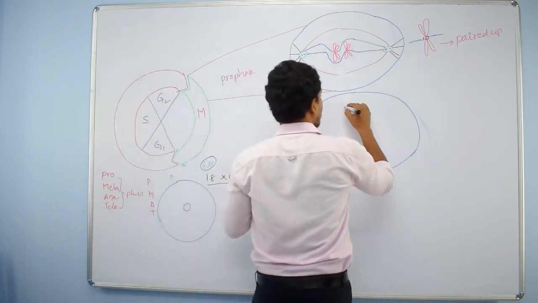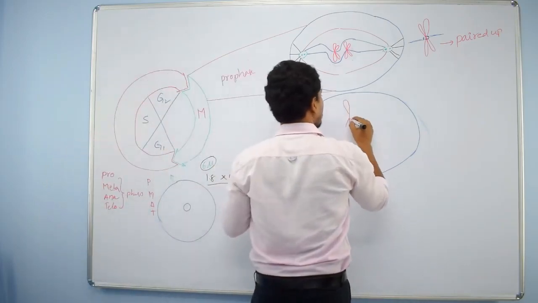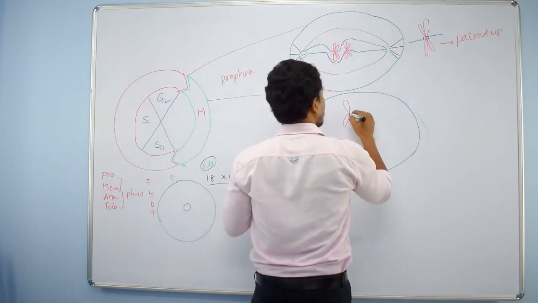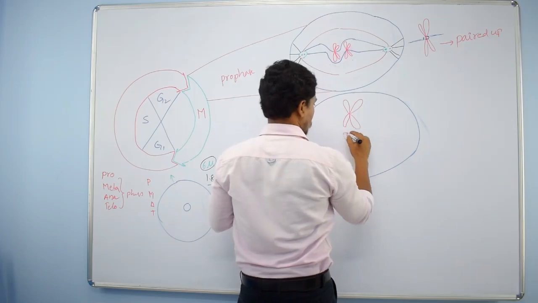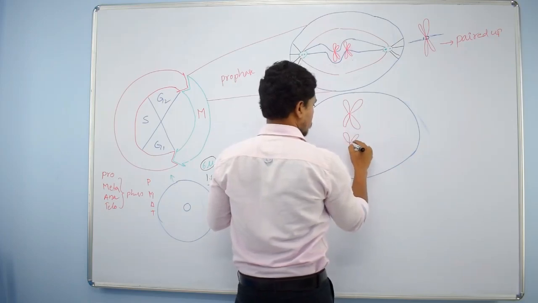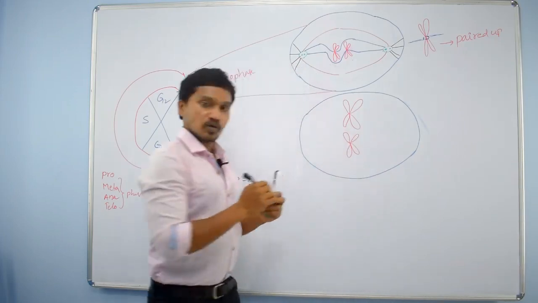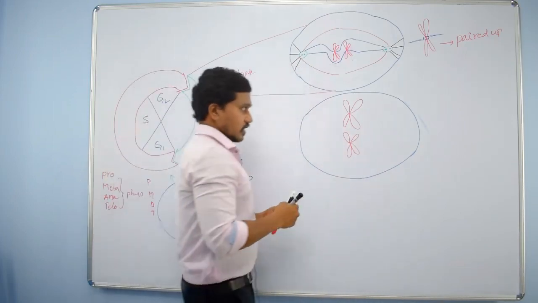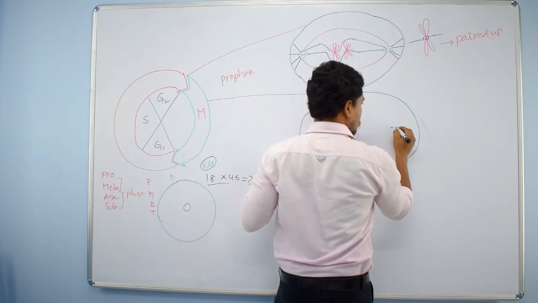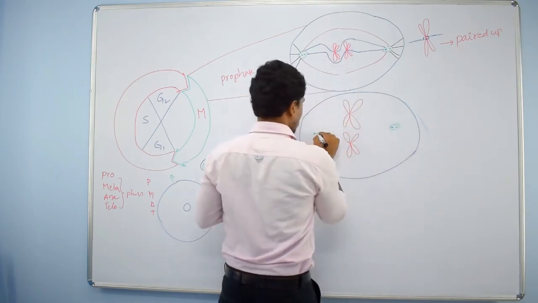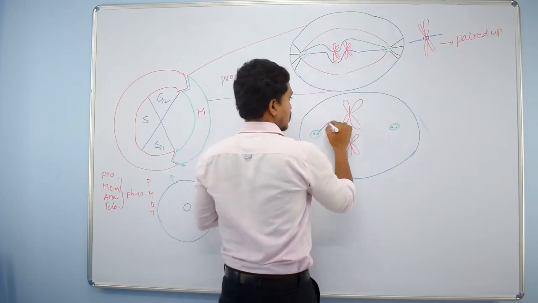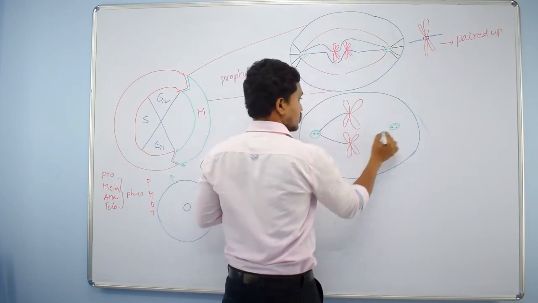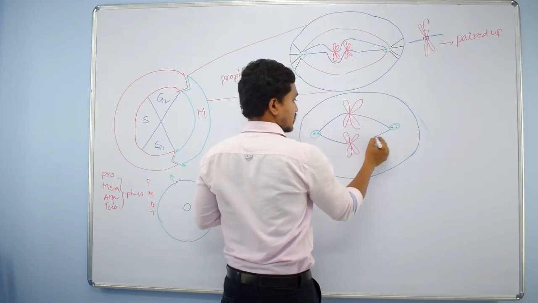So here one chromosome, here below this another chromosome, right? So these are chromosomes and here centrosomes, then kinetochore microtubules, after stretching.